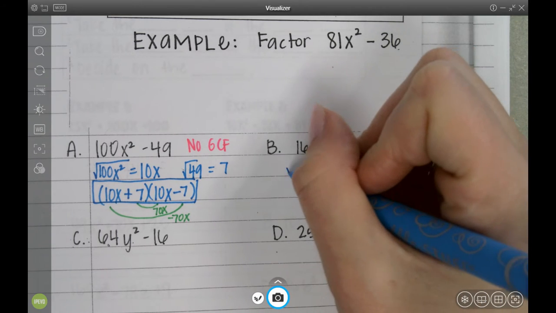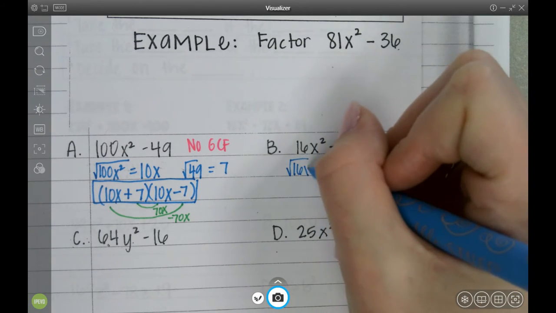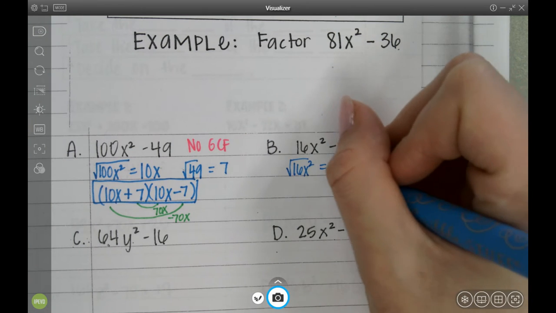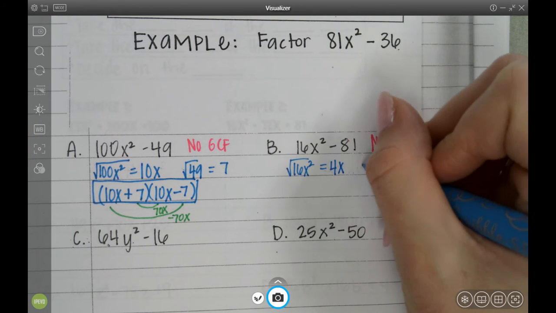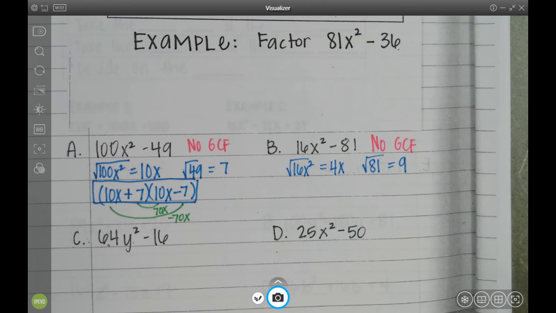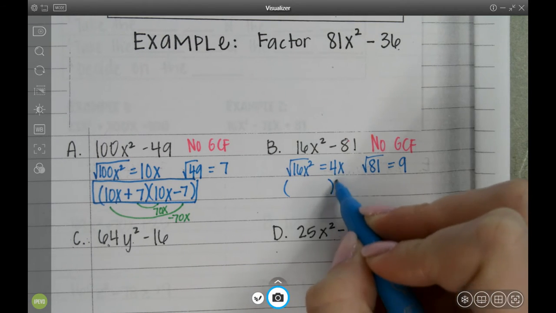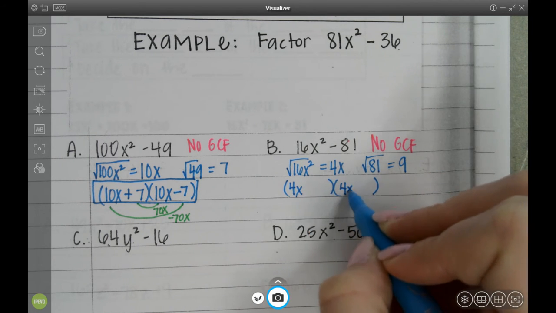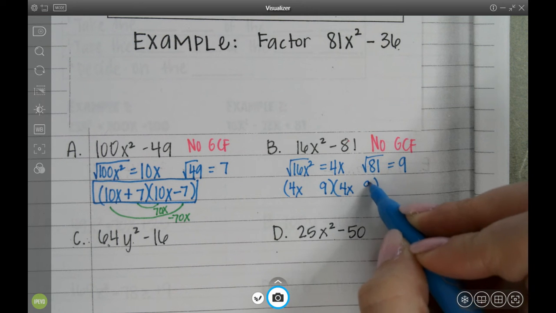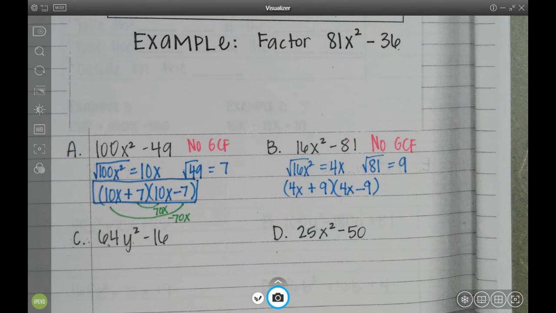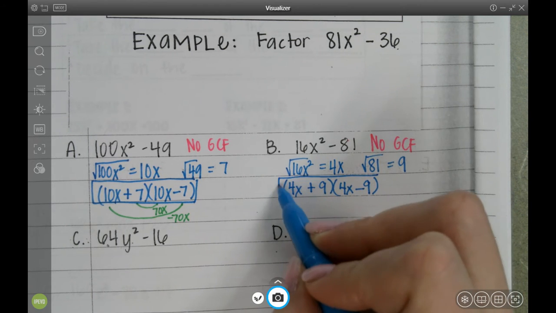So the square root of 16x squared is what? 4x. I'm going to ignore that negative. What's the square root of 81? 9. Two sets of parentheses. 4x in front of both. 9 in back of both. One plus, one minus. And there's your answer.